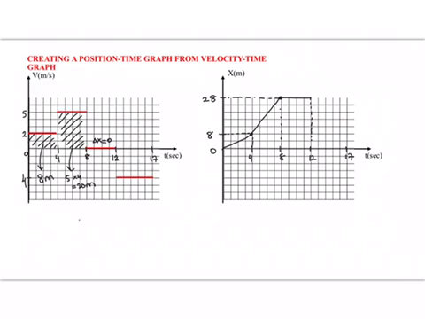Between 12 and 17 seconds, the velocity is negative, so he's going in the negative direction with a displacement equal to minus 4 times 5, minus 20 meters. So from position 28 go down by 20 meters, so come to the position 8 in 5 seconds.